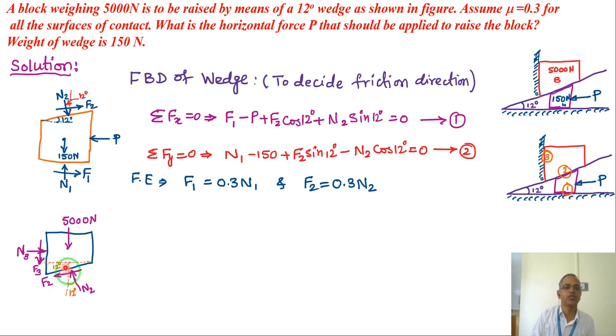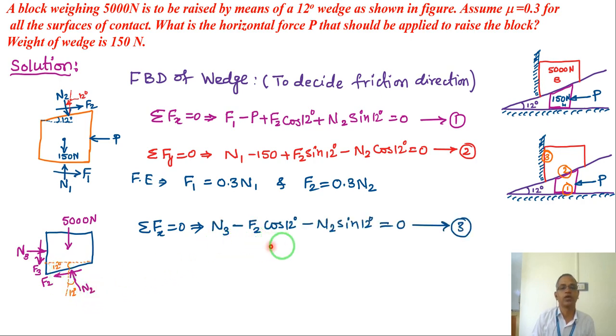Since I mentioned the angle of these forces with respect to horizontal or vertical, it is easy to take the components. Suppose summation Fx equals 0, equilibrium equation. What are the x direction forces? N3 is there, and F2 cos 12 and N2 sin 12. Of course, both are on the left hand side, so minus.